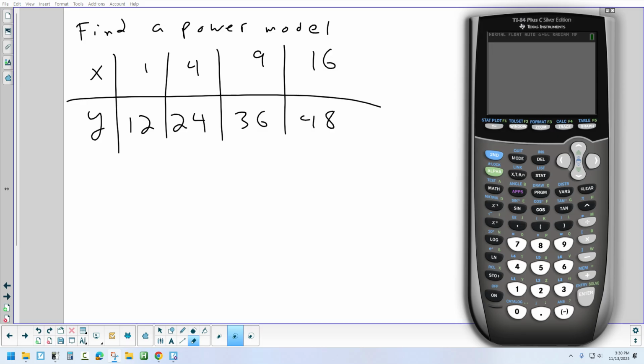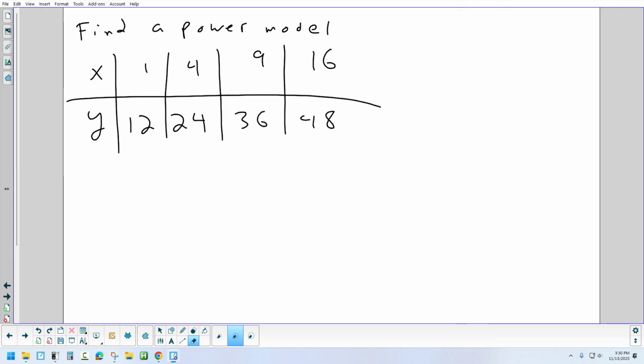Find the ln of x and y. That's only if you want to check if it's going to be a power model, right? So in class, I checked if we should do it. I already know that this data is a power model because I made the formula to make it. So what's the first thing we do?